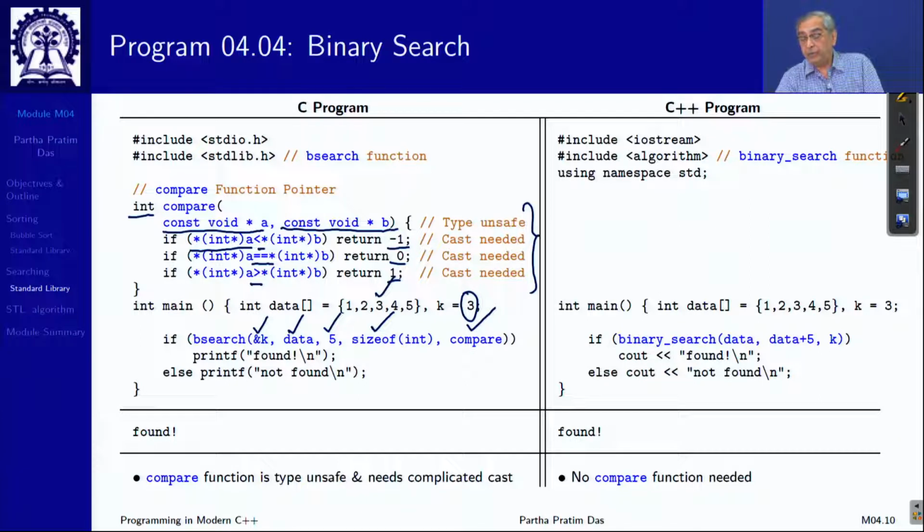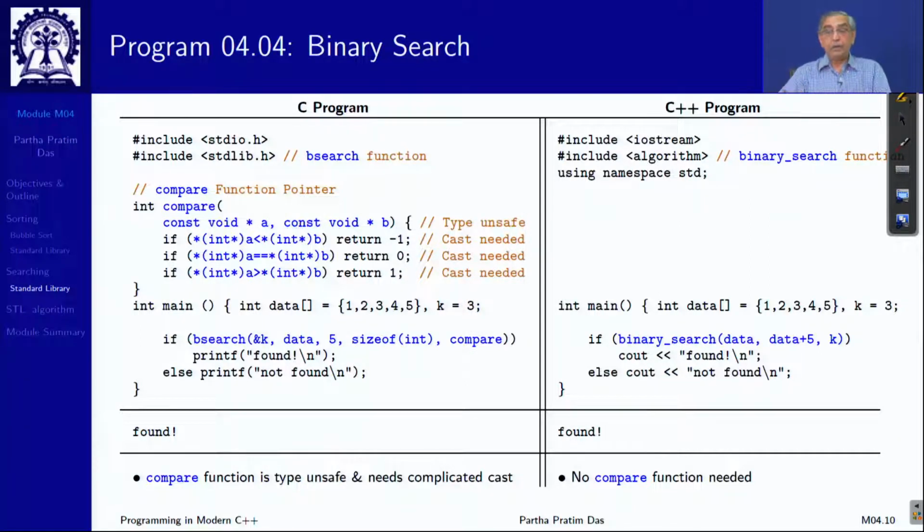If you want to do that similar thing in C++, again the algorithm component has a binary search function given. All that you need to give, you can understand, is that you do not need to provide any size parameter; you need to give the range data+5 like before.